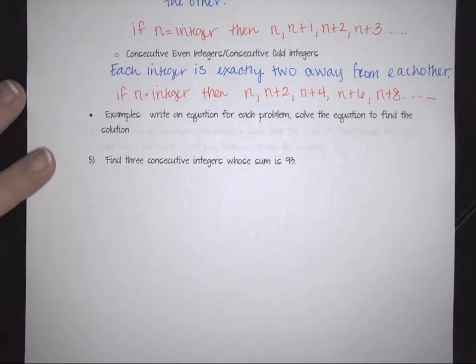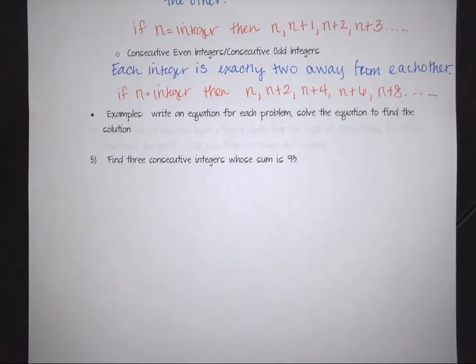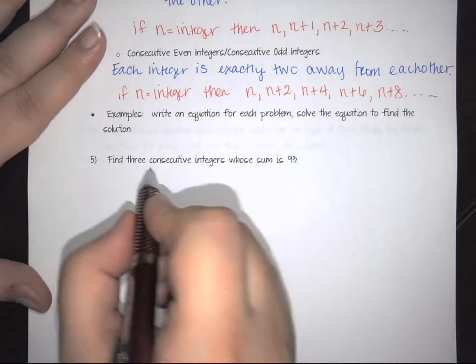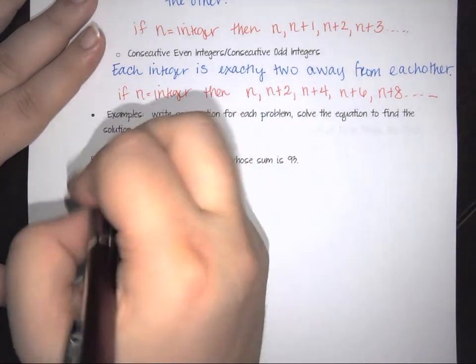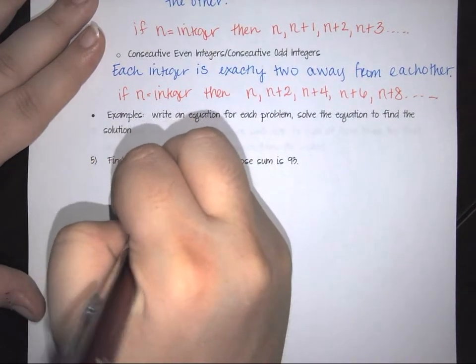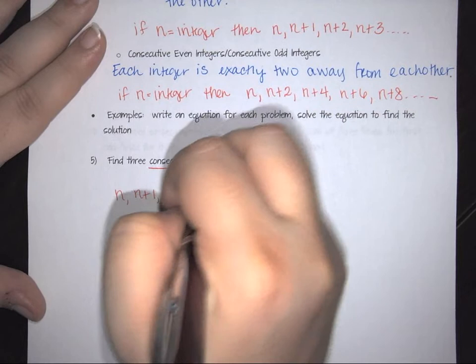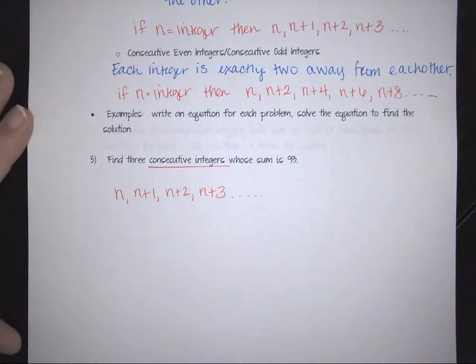So first we have: find 3 consecutive integers whose sum is 93. First and foremost, consecutive integers is your key, which means we are looking at n plus 1, n plus 2, n plus 3, and so on and so forth. Okay? So the first thing is we have to identify which rule we're using.